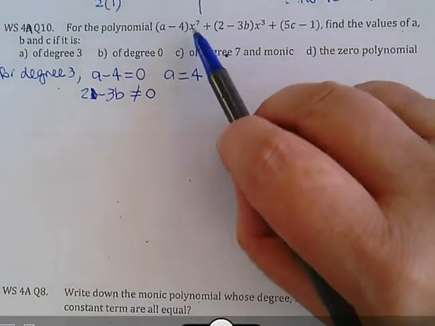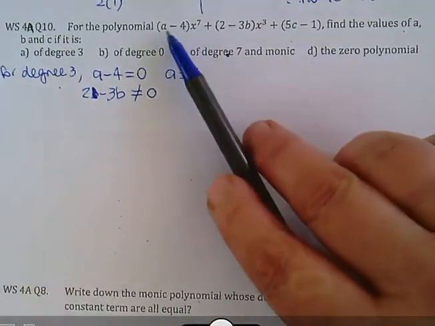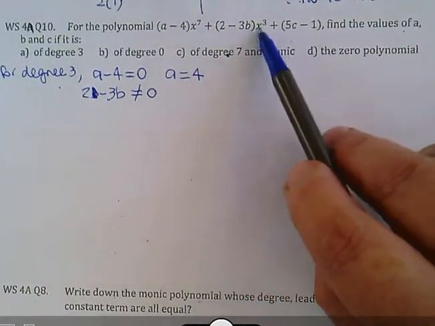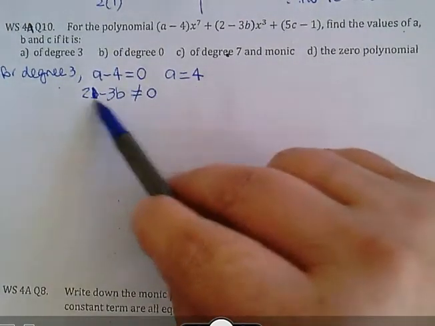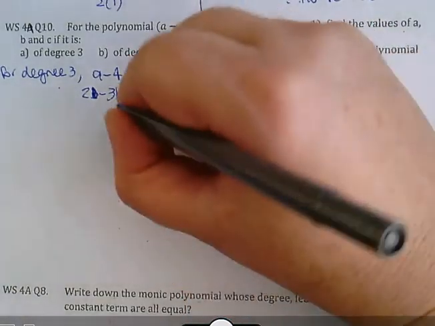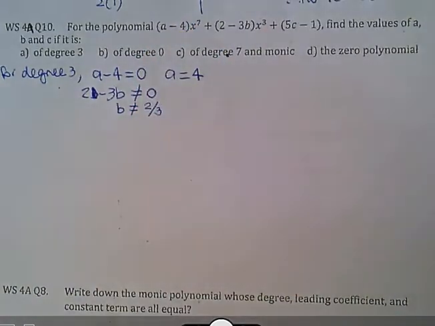So it's not degree 7 because a minus 4 is 0, a would have to be 4, meaning that x cubed is your highest power. All right? So for degree 3, we also have to say that 2 minus 3b can't be 0. In other words, b can't be what? 2/3. Okay?